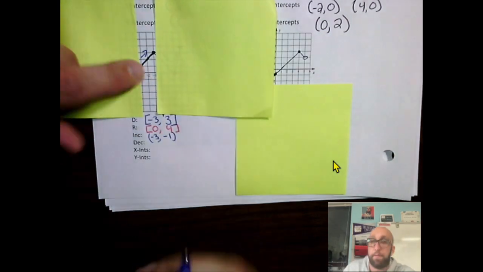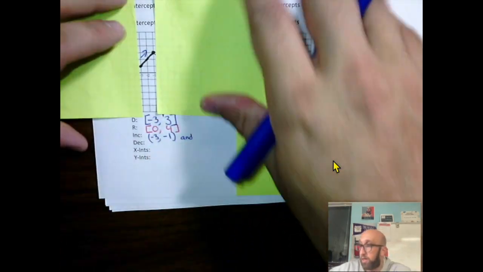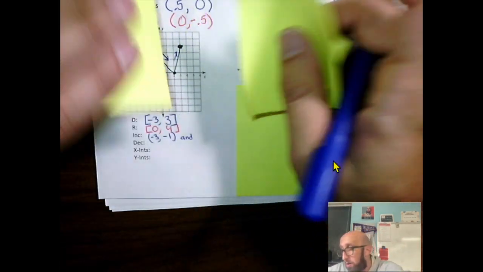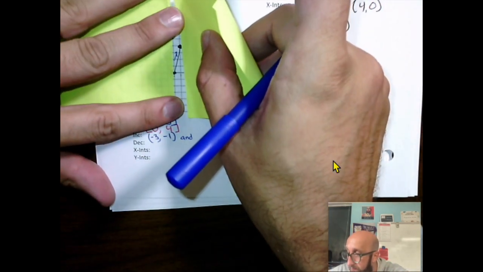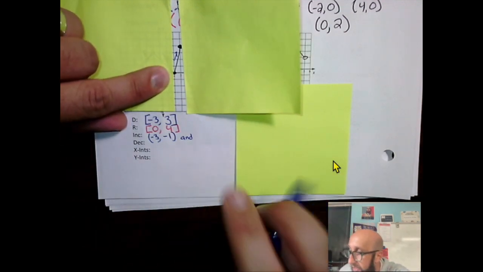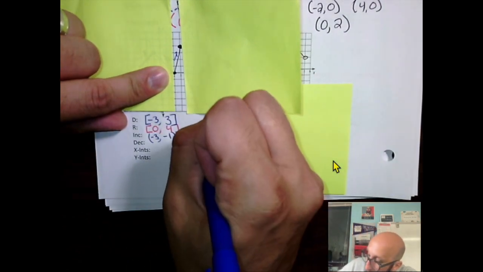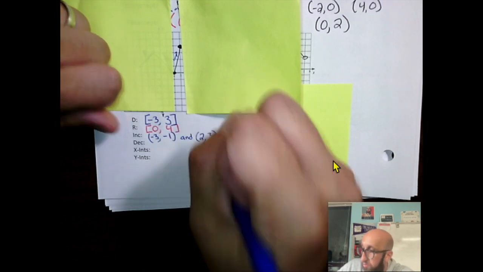So we go from -3 to -1, and because there is another one, over here we start going up at this point, and then we stop. That is another point where our graph is going up. So the increase begins at, looks like 2, and ends at 3. So 2, 3.